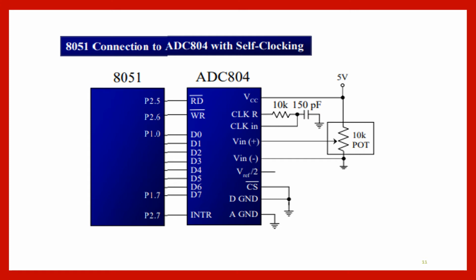VCC, clear, CLKR, CLK in, V in plus, V in minus, and the other ADC pins are externally connected; they are not directly playing any role in the interfacing with the 8051. So for the 8051 interfacing, you can see RD bar, write bar, INTR and the data bus, that is D0 to D7, going to the appropriately selected port.